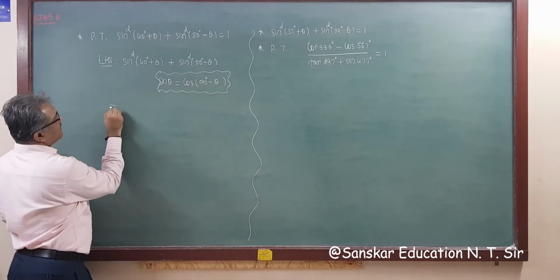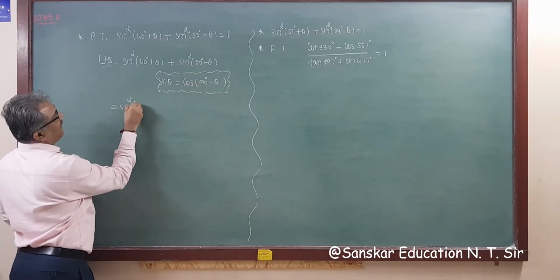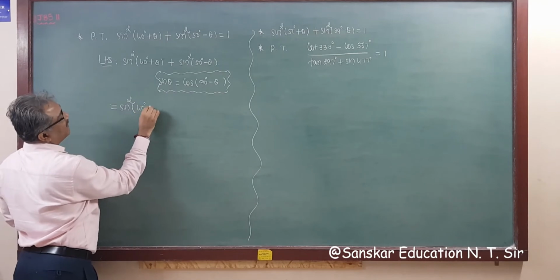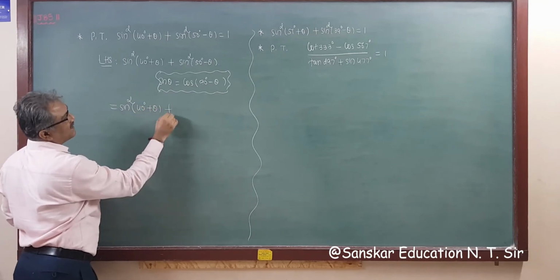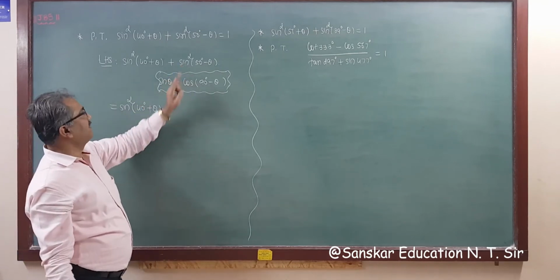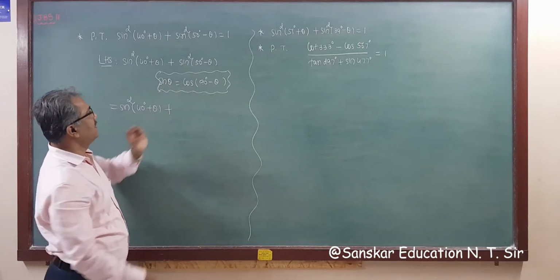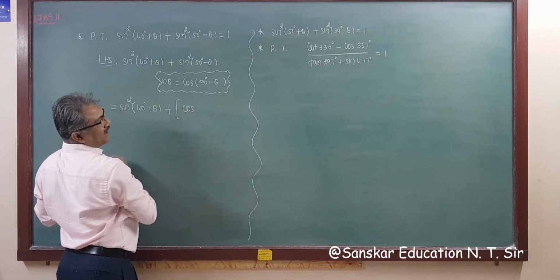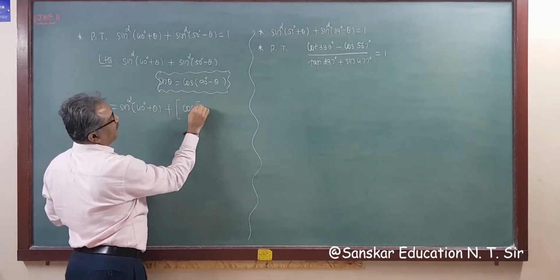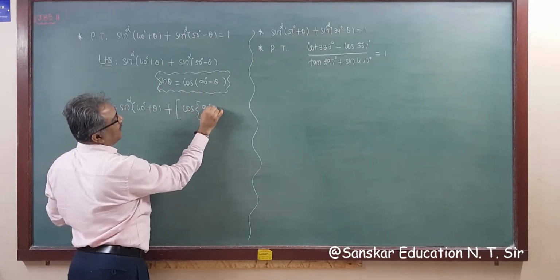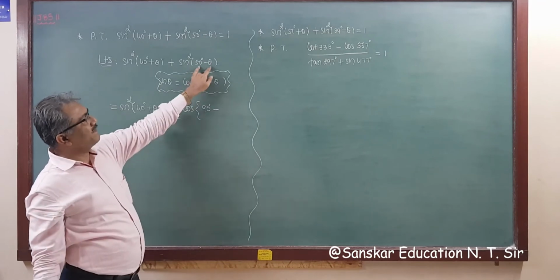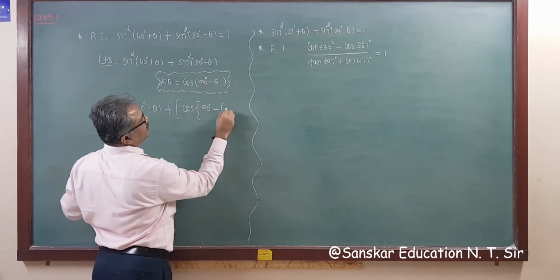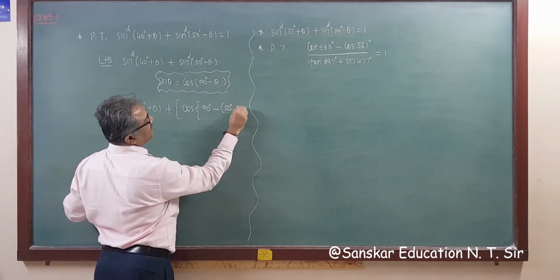See, sin square 40 degree plus theta plus, now this is sin square, which means we are changing it into cos. Instead of sin we are writing cos, and 90 minus theta becomes 50 degree minus theta.